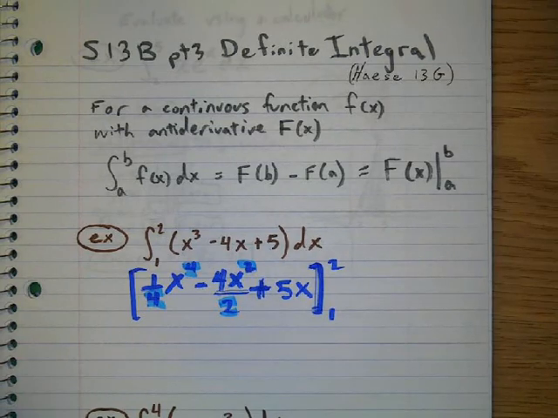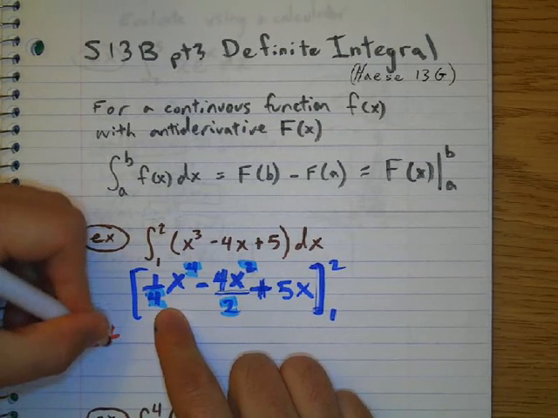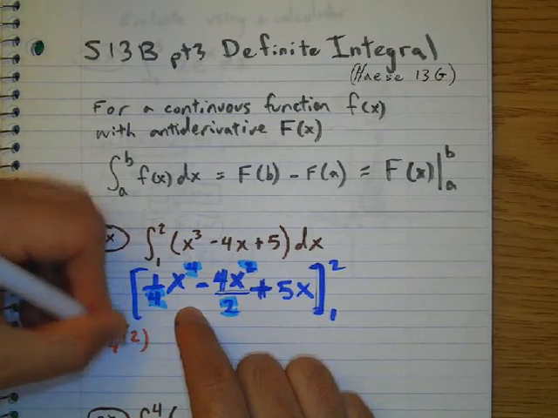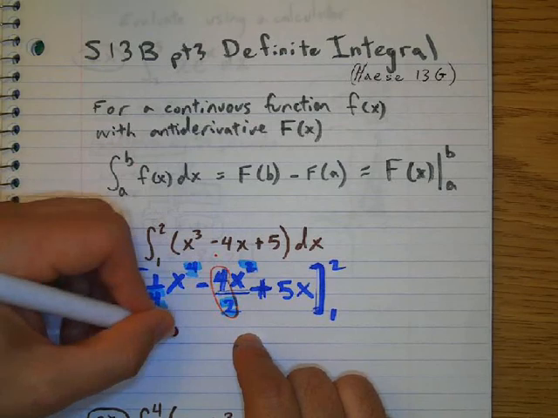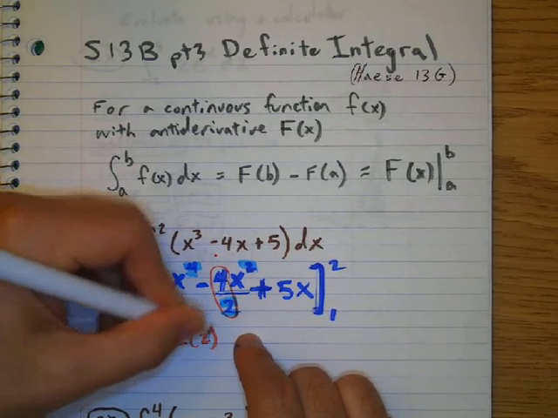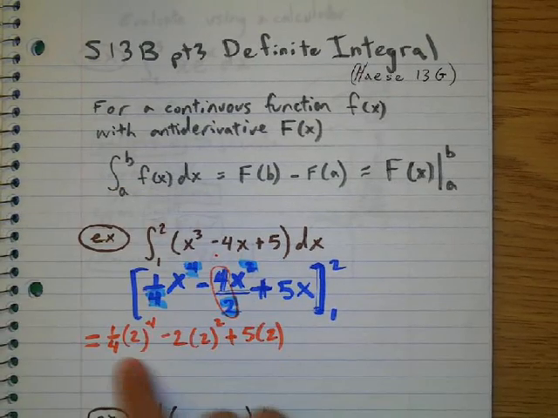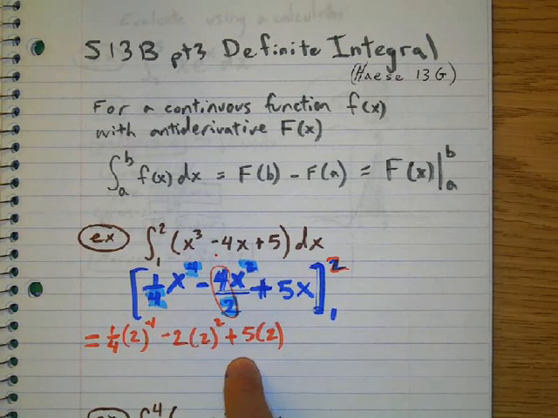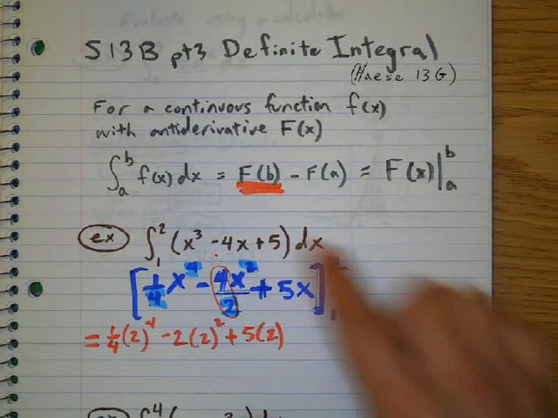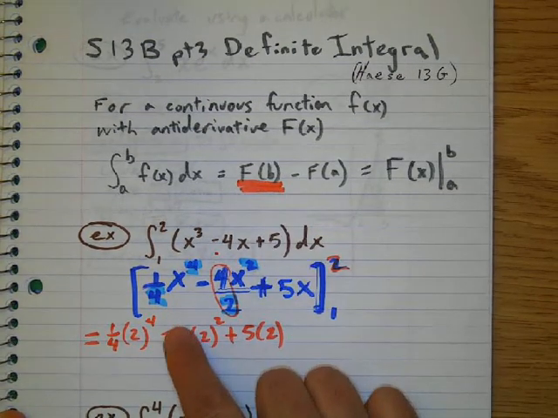If I plug in 2 for x, then we get 1/4 times 2 to the 4th minus 2 times 2 squared plus 5 times 2. I'm plugging in 2 for x here. That's what we do when we take the antiderivative and plug in this first value.